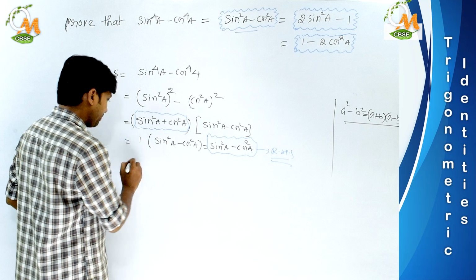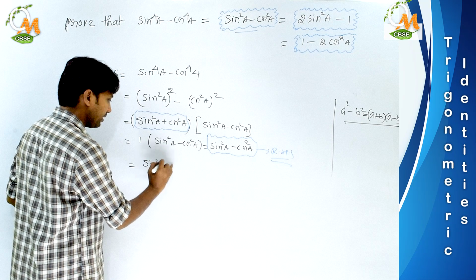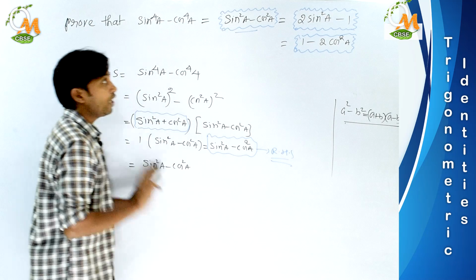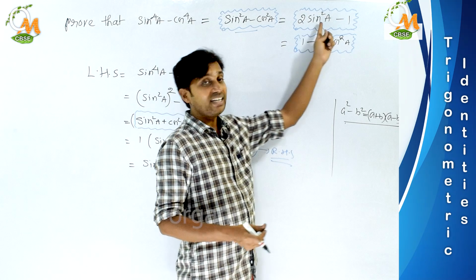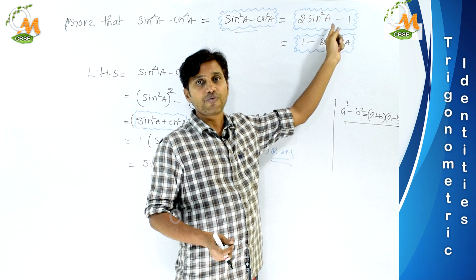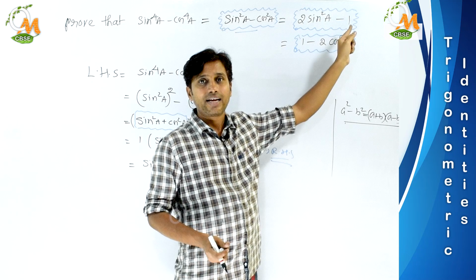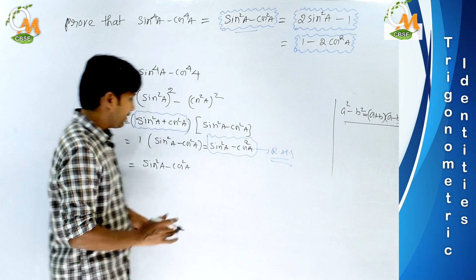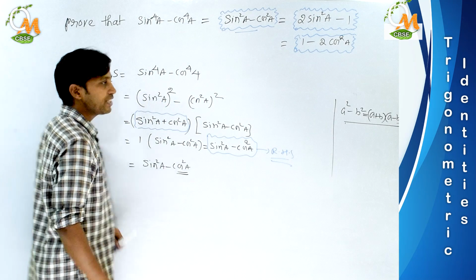Let me write down once again, sine square a minus cos square a we got. Now we need to obtain the second answer in terms of only sine square a, so cos square a should be eliminated from there. Cos square a can be written as what?